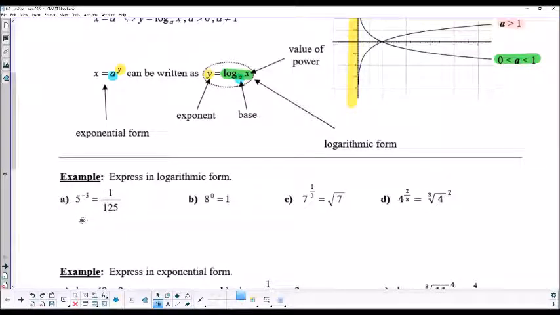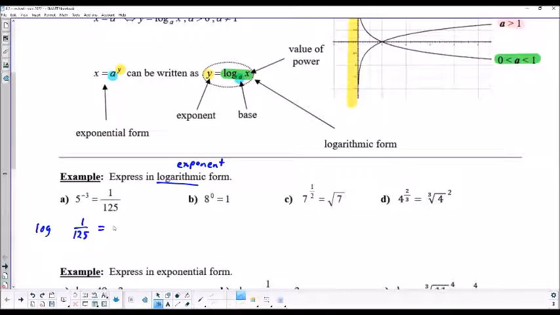I would write the value here, personally. Because a logarithm is an exponent, I can't reiterate that enough, the logarithm of some value is equal to the exponent.